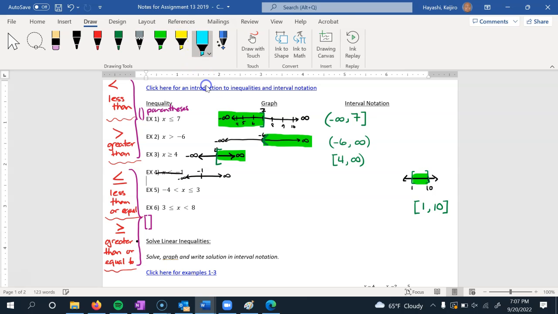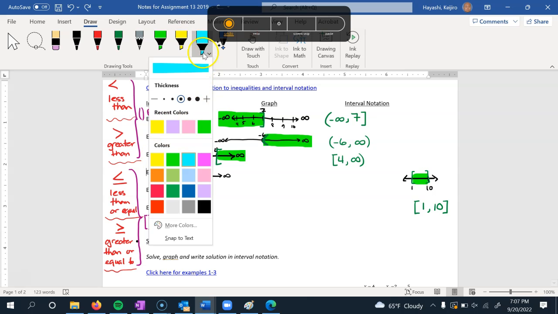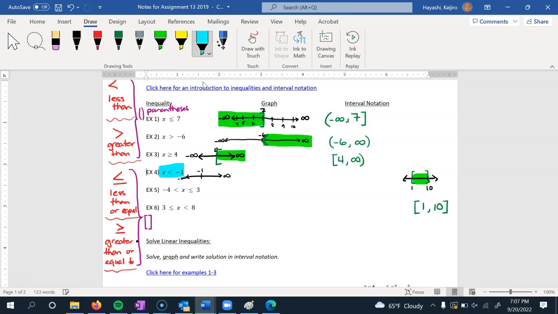How is this relationship read, verbally? x is less than -1. So I want numbers that are less than -1, numbers like -2, -3. So what side of -1 should I shade in? The left-hand side. I want to start at -1 and shade in towards the left.